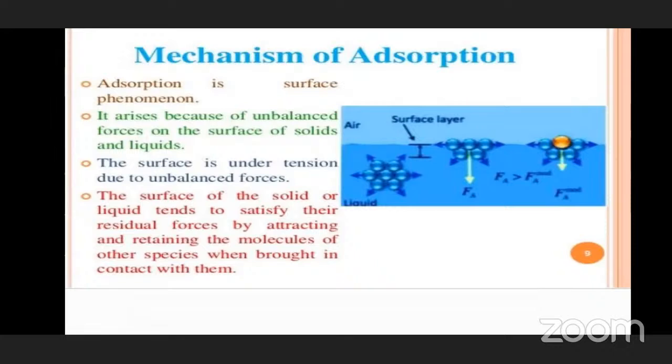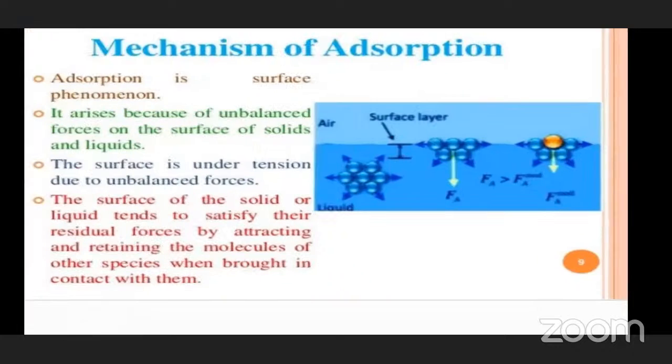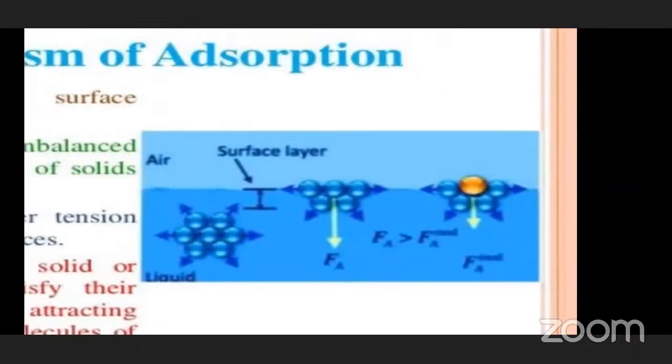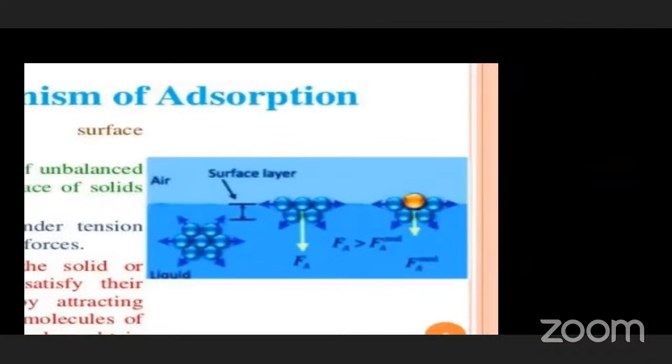Simply, we can conclude: to satisfy or balance the surface, the adsorption process takes place. This entire process is called the mechanism of adsorption. This diagram is indicating the mechanism of adsorption. So this is about the adsorption process.